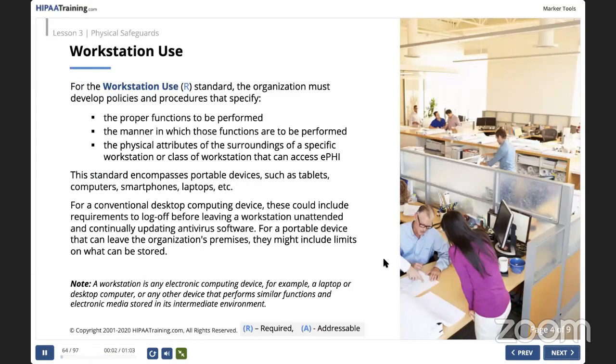Workstation use. For the workstation use standard, the organization must develop policies and procedures that specify the proper functions to be performed, the manner in which those functions are to be performed, the physical attributes of the surroundings of a specific workstation or class of workstation that can access EPHI.